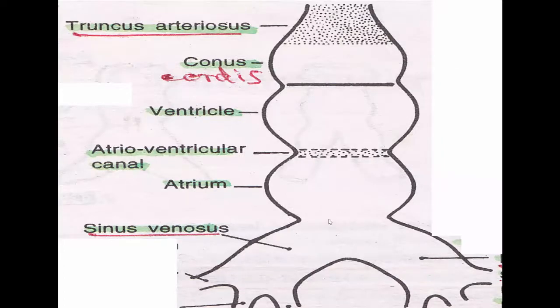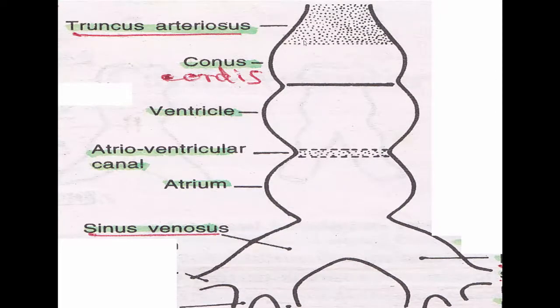Orifice means big opening. The sinuatrial orifice will communicate with the atrium proper, thus the central part of the sinus venosus will communicate with the atrium proper. And here, as this is the ventricle proper and atrium proper, there is another opening from atrium to ventricle, or from ventricle to atrium. We call it the atrioventricular canal.